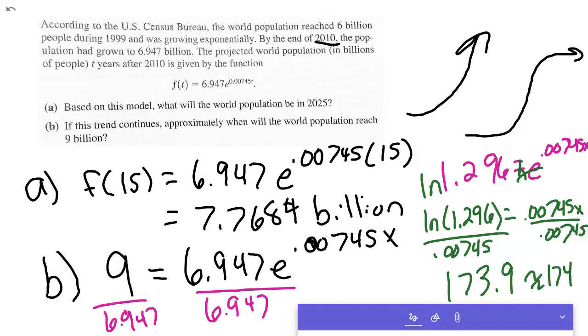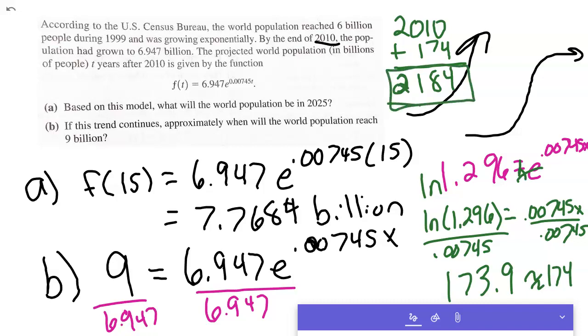So from 2010 to reach 9 billion, you take 2010 plus 174 years. And so we're looking at 2184.